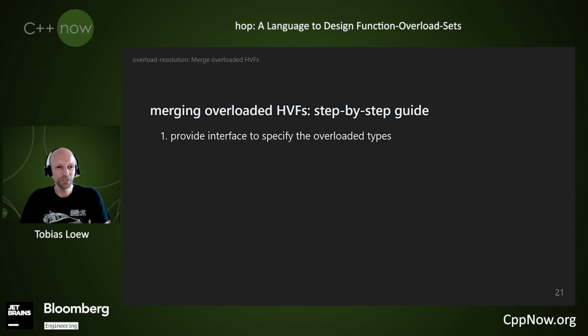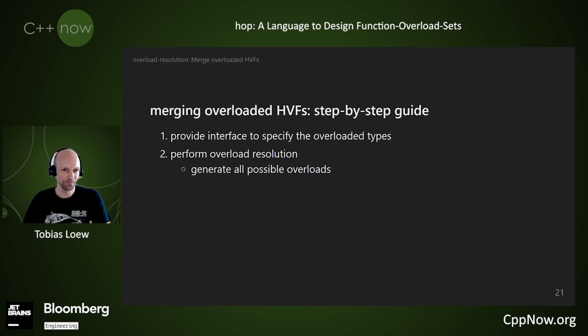So first, we have to provide some interface where we can specify the overloaded types. In our case, it would be an int and a float. Next, we have to perform overload resolution. This should be done by generating all the possible overloads, and then we want to use built-in overload resolution to resolve the call.